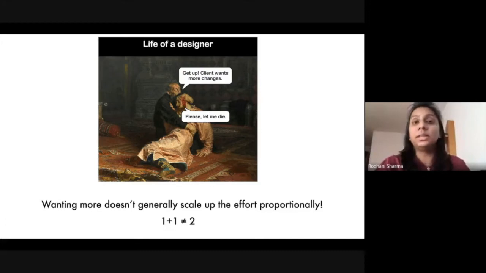So the effort does not really scale up to the additive constraints. And in this talk, we're going to design some tools that allow us to reuse the work already done for a particular problem when an additional constraint comes into the picture.